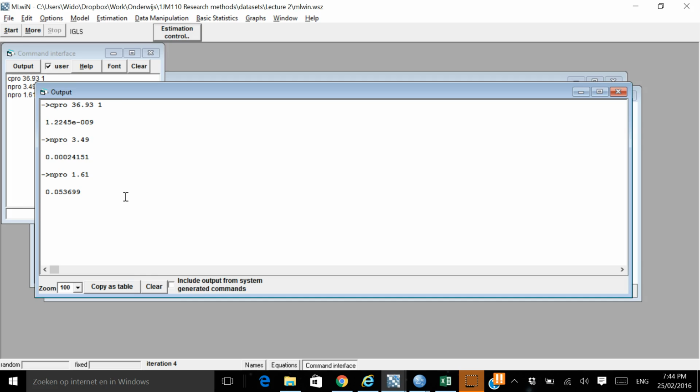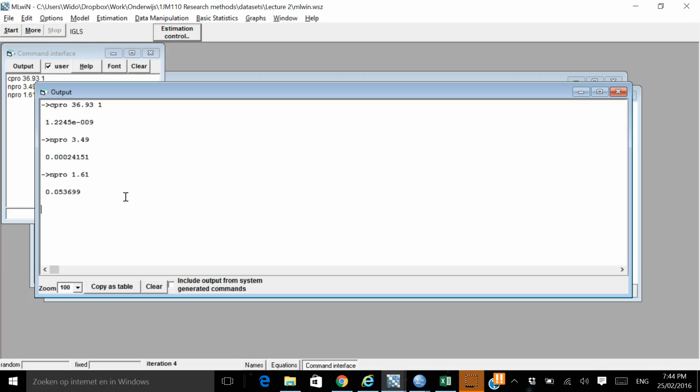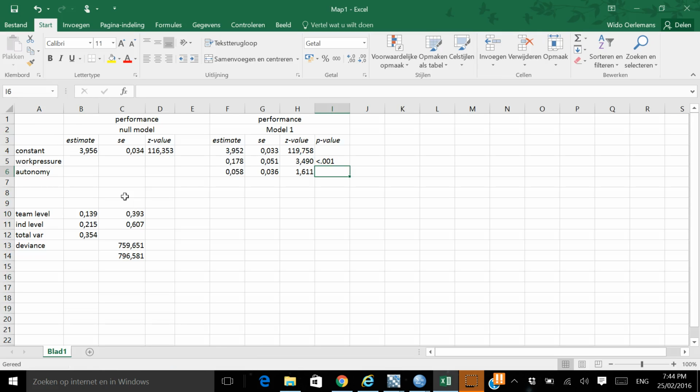But you would expect autonomy to positively predict performance, and then you actually have a hypothesis in a particular direction. And then you should always multiply the p-value by 2.